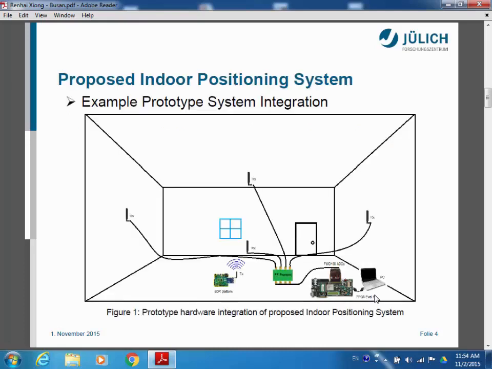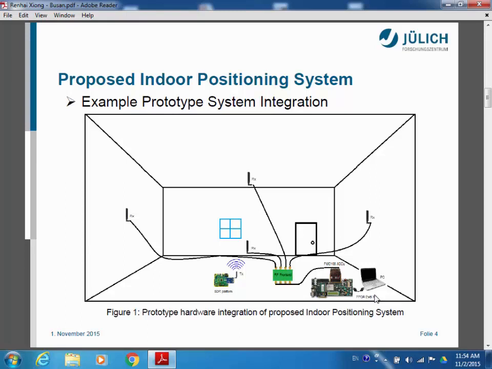An example prototype system integration looks like this. Some receivers are located at known positions in an indoor environment, and this system is to locate the position of a transmitter as displayed here.